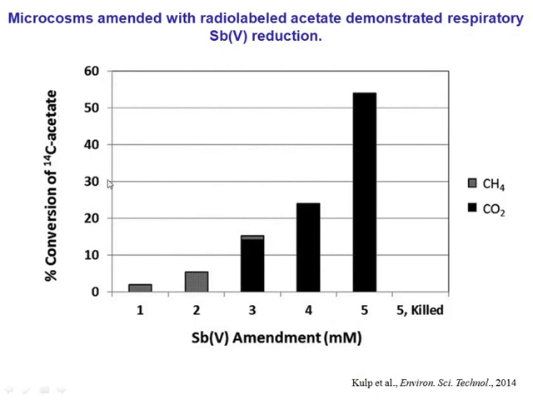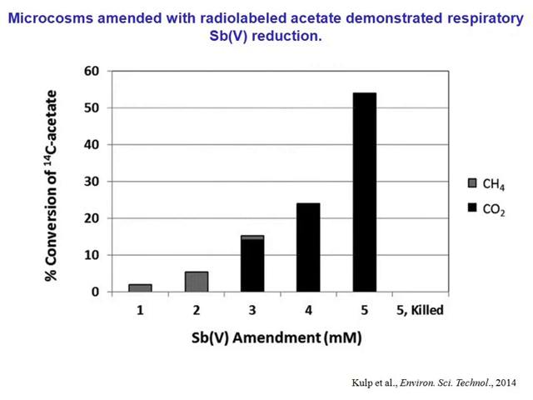So in other words, the more antimony 5 we give them, the more they oxidize this organic carbon source to CO2. Okay, so they're coupling the oxidation of acetate with the reduction of antimony, and so this is a respiratory process. It's not just a detox.